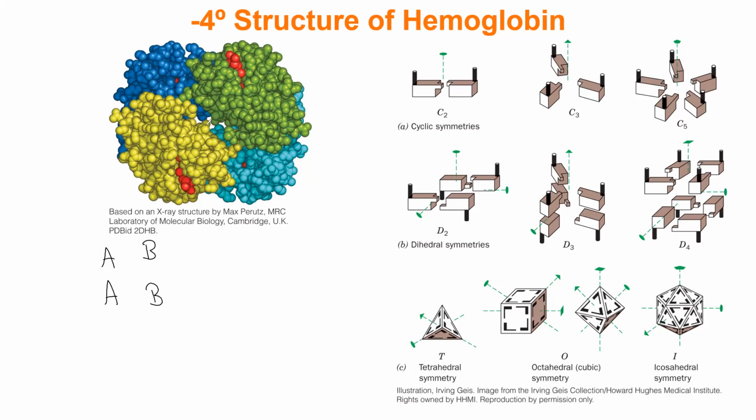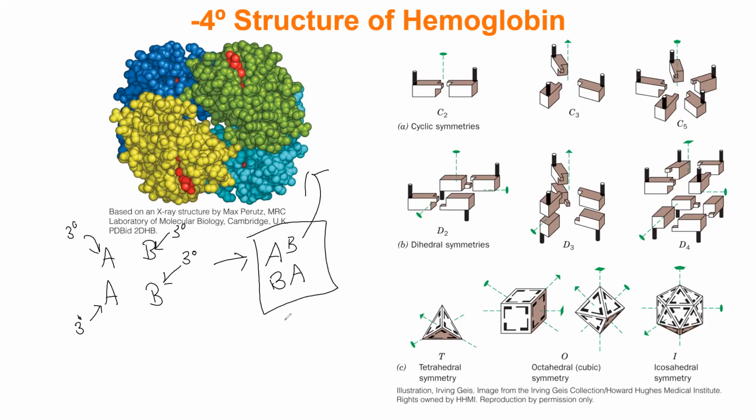These peptides each have their own tertiary structure. But when they come together to make hemoglobin, which is shown here, that combination is quaternary structure. So it's the 3D structure of many peptides coming together to form one protein.